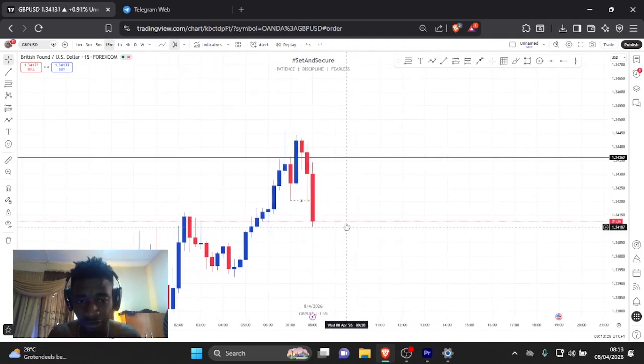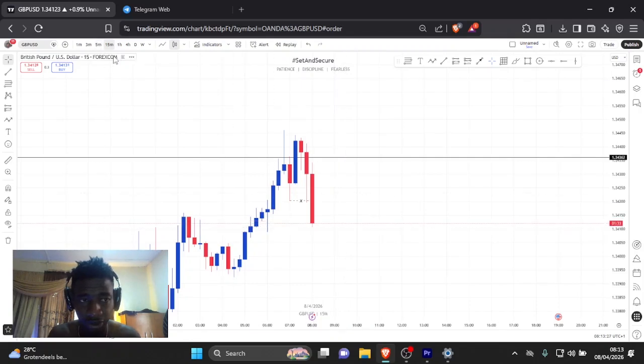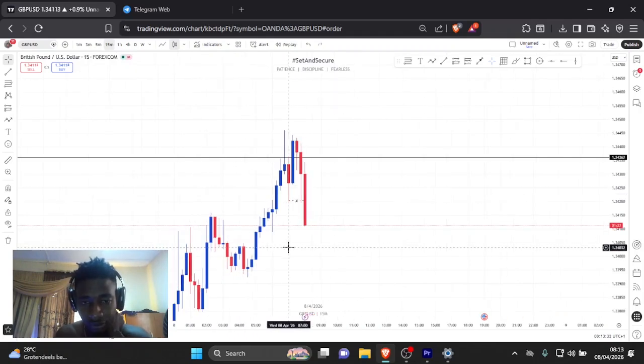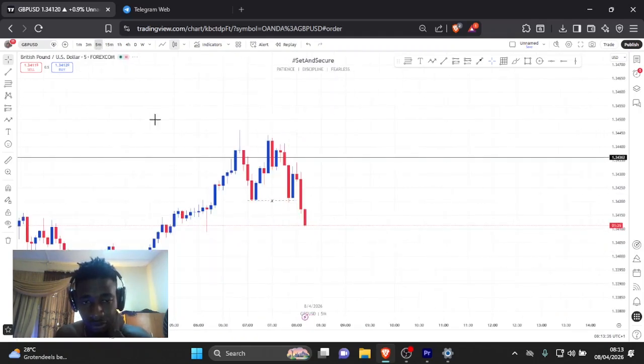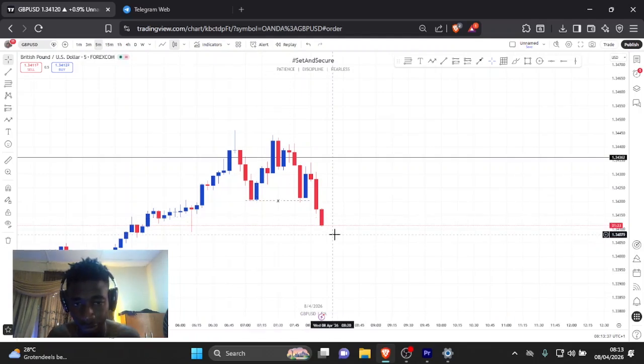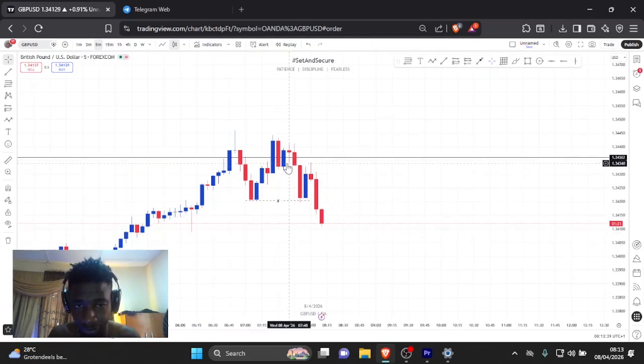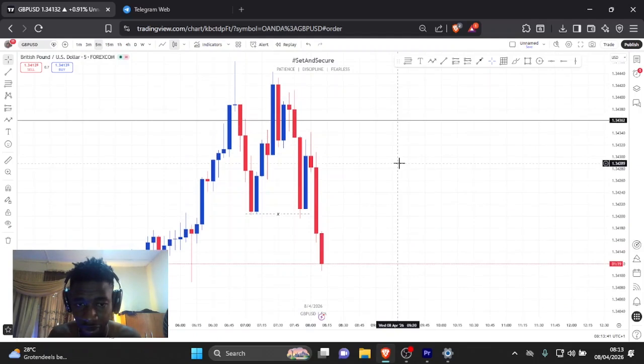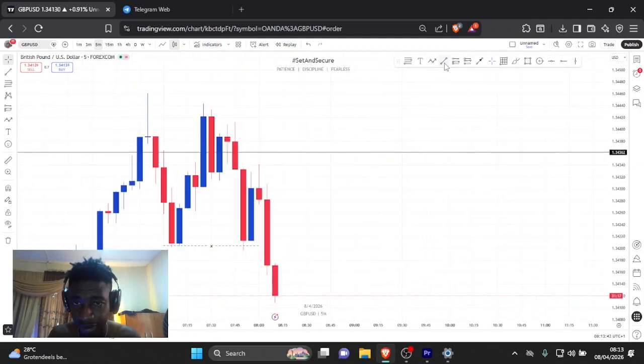Remember I said we want to look for a liquidity point on the 15 minutes for the market to sell. Right, so we get a liquidity sweep in 5 minutes.